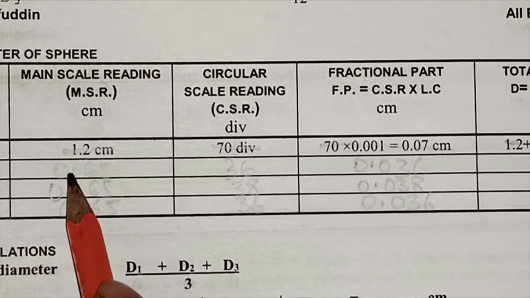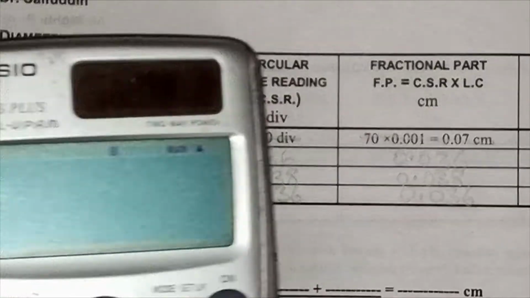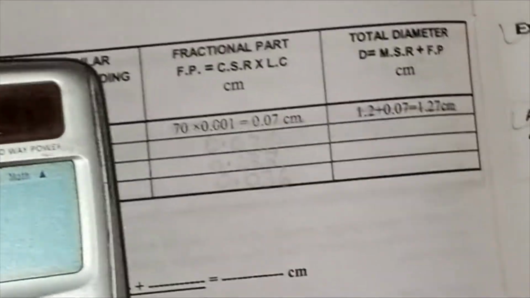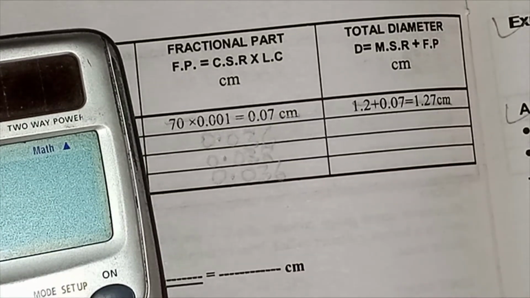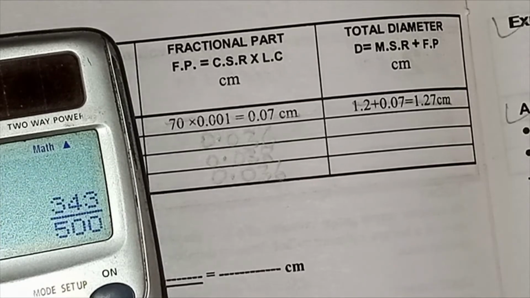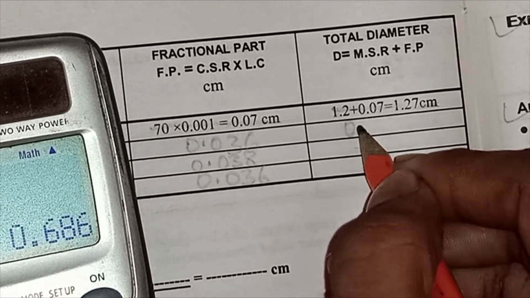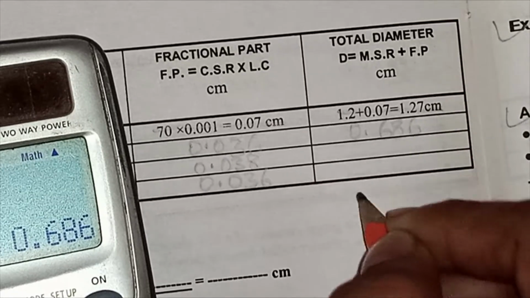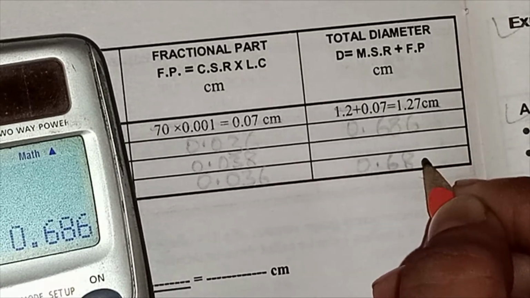So 0.65 plus our fractional part 0.036. So what will be the diameter of our sphere? It is 0.686, because our last reading is also the same, therefore I am writing it again.